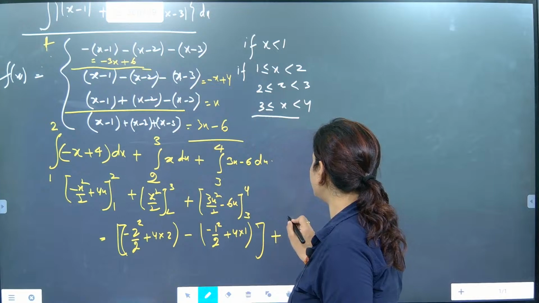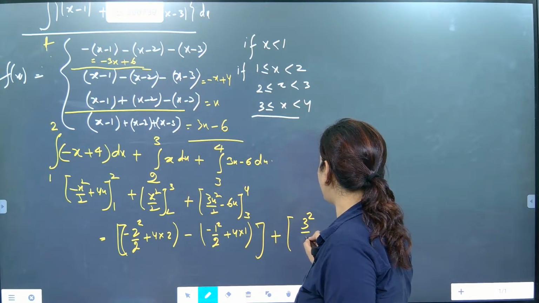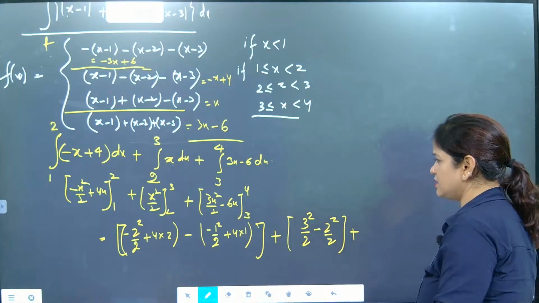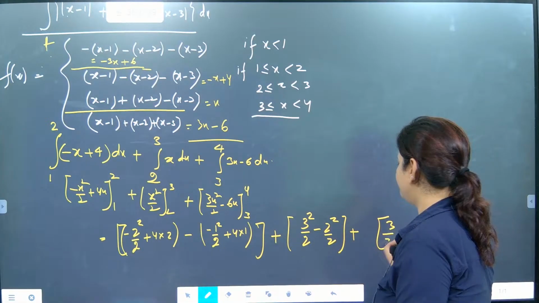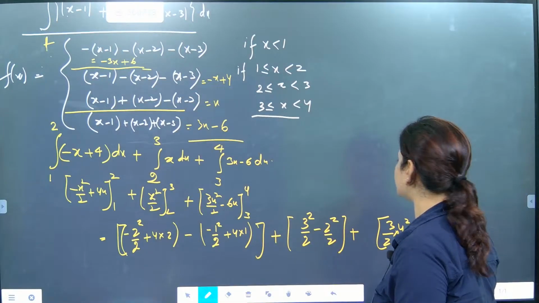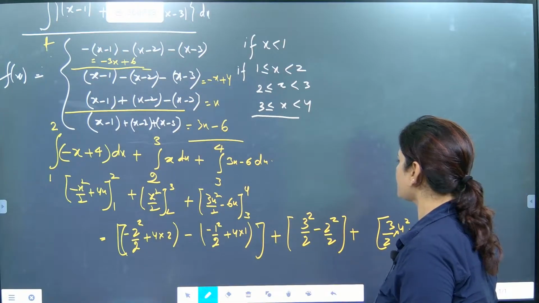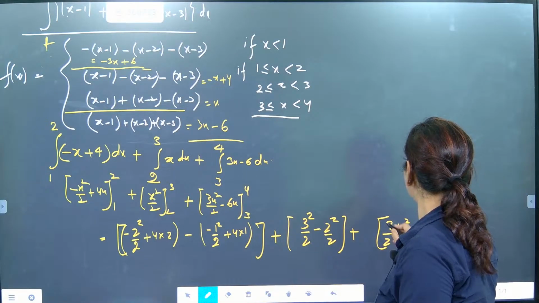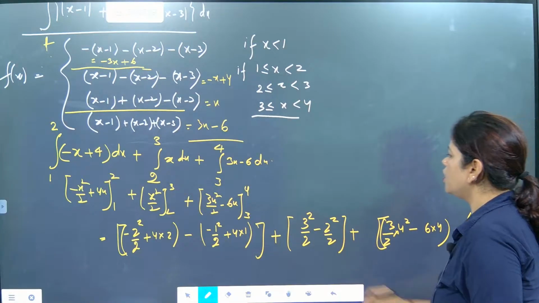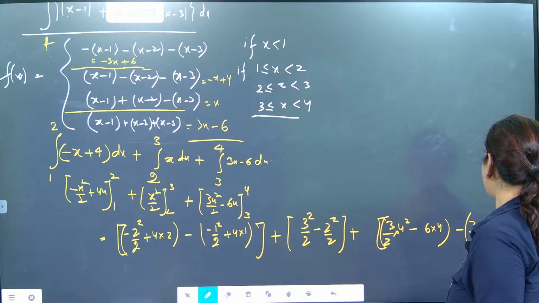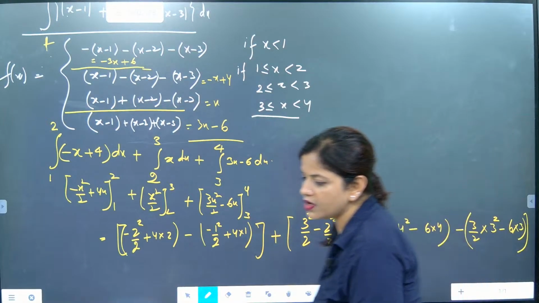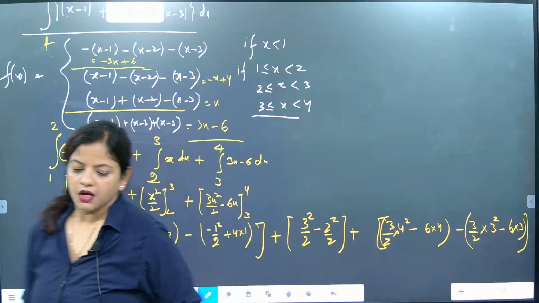And then again plus 3 square by 2 minus 2 square by 2, upper limit substitution minus lower limit substitution. Again 3 by 2 into 4 to the power 2 minus 6 into 4, upper limit substitution, minus 3 by 2 into lower limit 3, so 3 square minus 6 into 3. That's it. So this is the upper limit and lower limit substitution you have done.